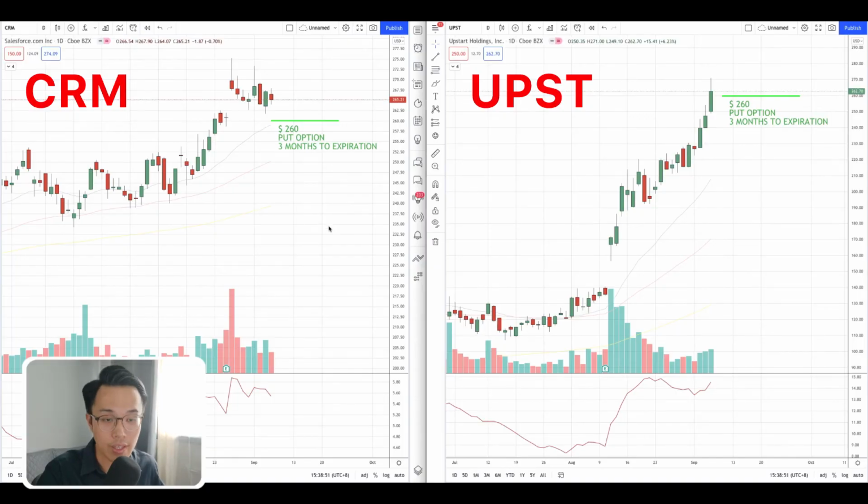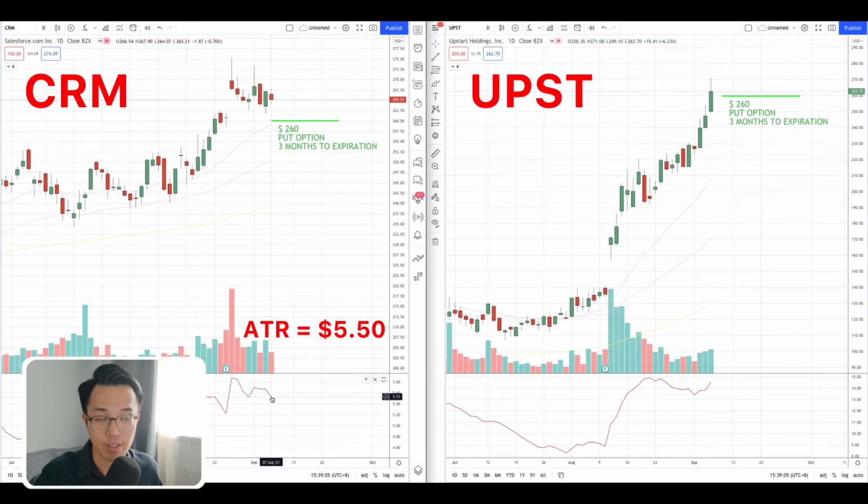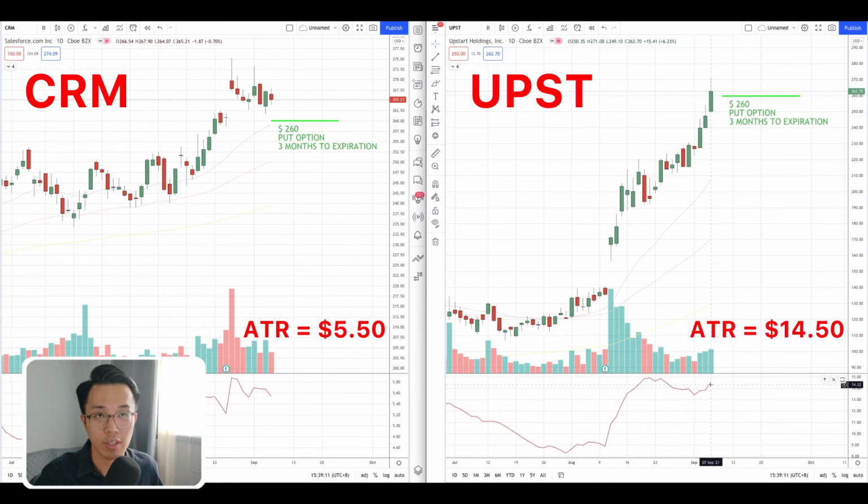So if we use this indicator called the average true range, ATR, it measures the average daily move of the share price. For CRM, the ATR is at $5.50. And for Upstart Holdings, the ATR is at $14.50.